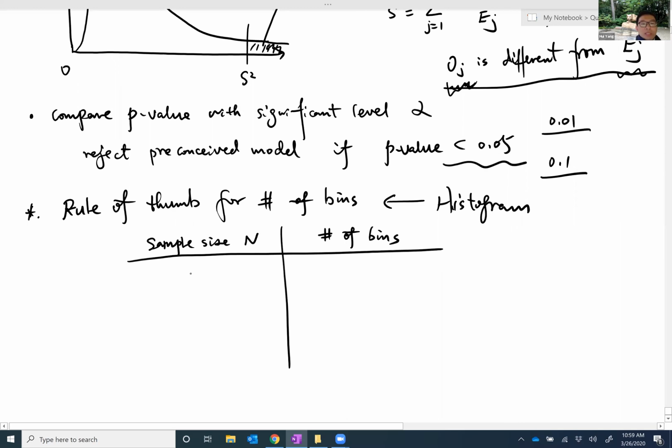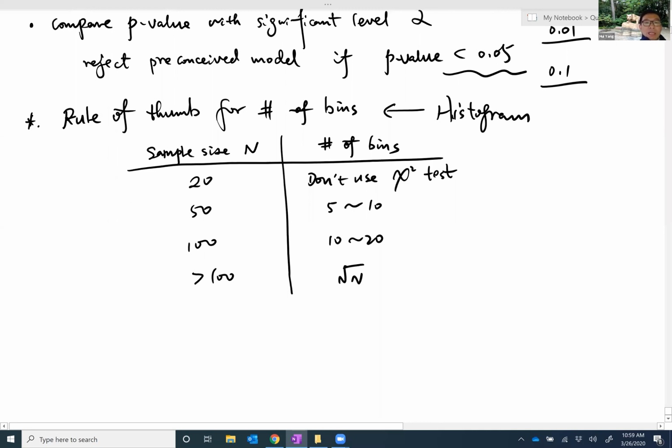If your sample size is like 20, sometimes you don't use the chi-square test. If it is 50, you use 5 to 10 bins. If it's 100, you use 10 to 20 bins. If it's greater than 100, you use the square root of n. This is the number of bins you're going to use.